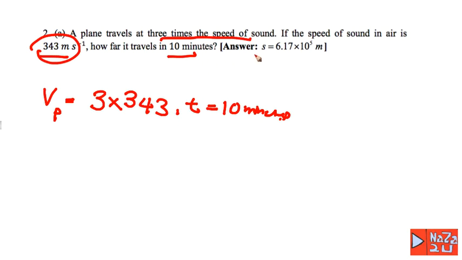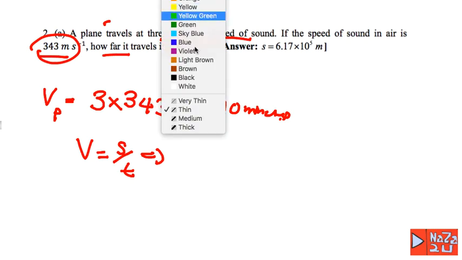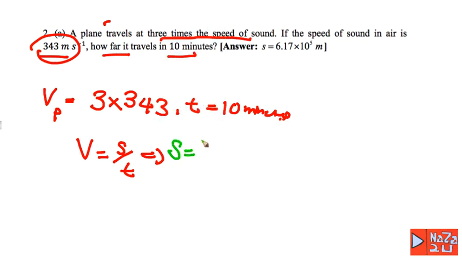So how far? Meaning we use the equation: the velocity is the distance or displacement divided by time t. So how far here refers to the displacement. So this displacement s is equal to v times t, and v here is the speed, which is 3 times 343, multiplied by the time t of 10 minutes.